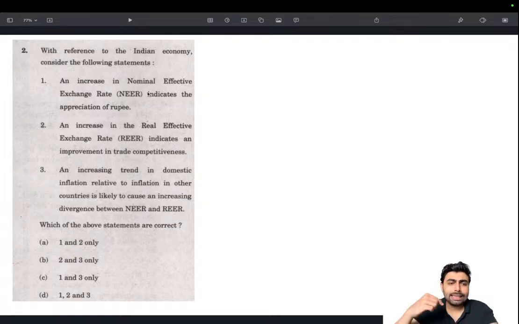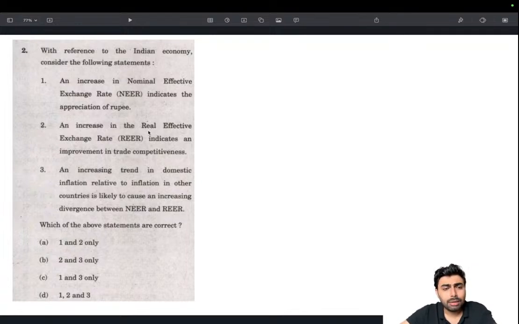Increasing exchange rate indicating appreciation of rupee. Makes sense actually. The only thing is whether this nominal means indicating appreciation of rupee or not. That's the only thing we need to know. But an increase in effective exchange rate means that the rupee is appreciating. Meaning if it was 80 rupees for $1, then with appreciation the rupee becomes 75, meaning we will get lesser rupee for a single dollar. So the rupee is appreciating. Okay, it kind of makes sense.